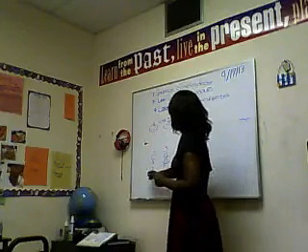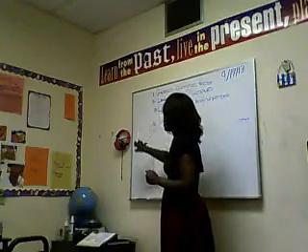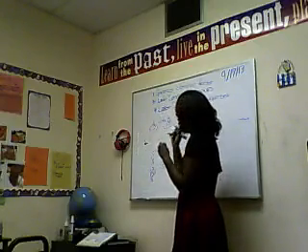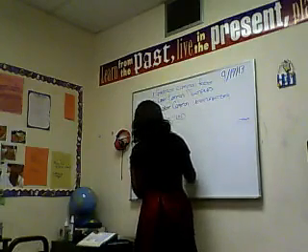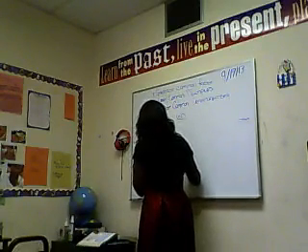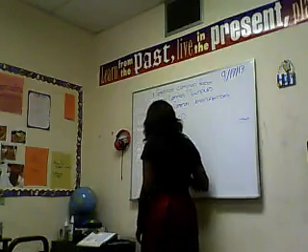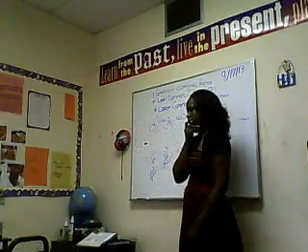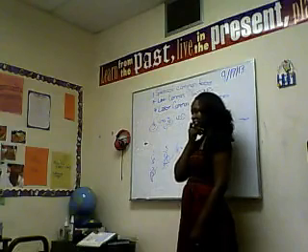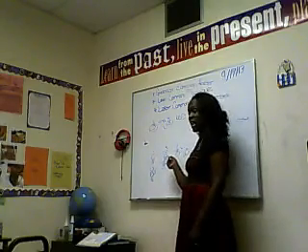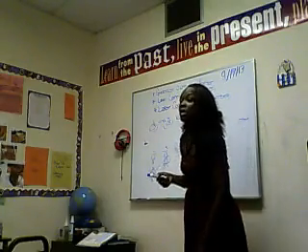And it's 15. So I'm going to rewrite 1/3. I need to find the equivalent fraction of 1/3. So this is what I'll do. 1/3 is equal to 5 over 15. What times 3 is 15? 5.